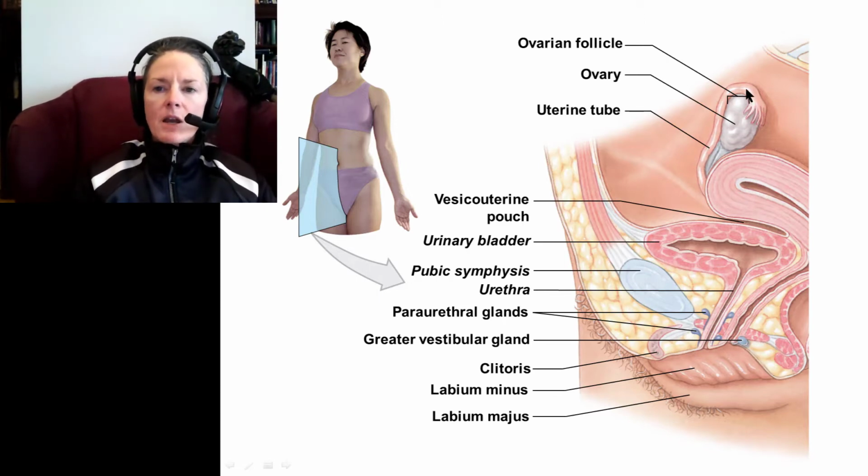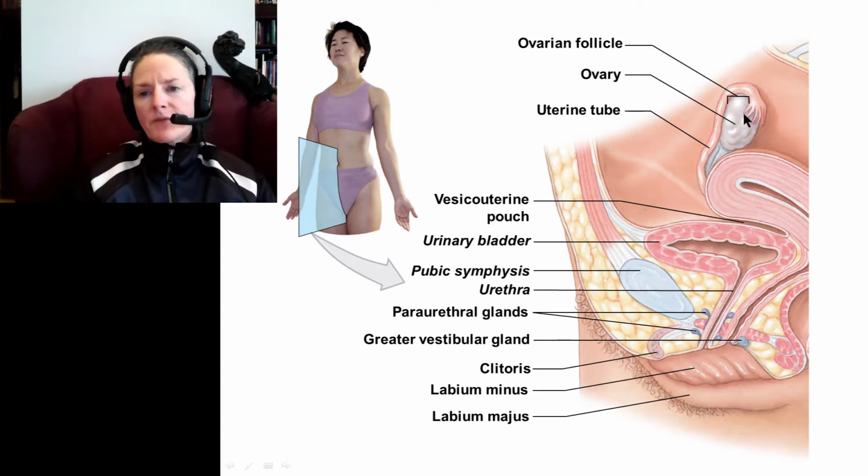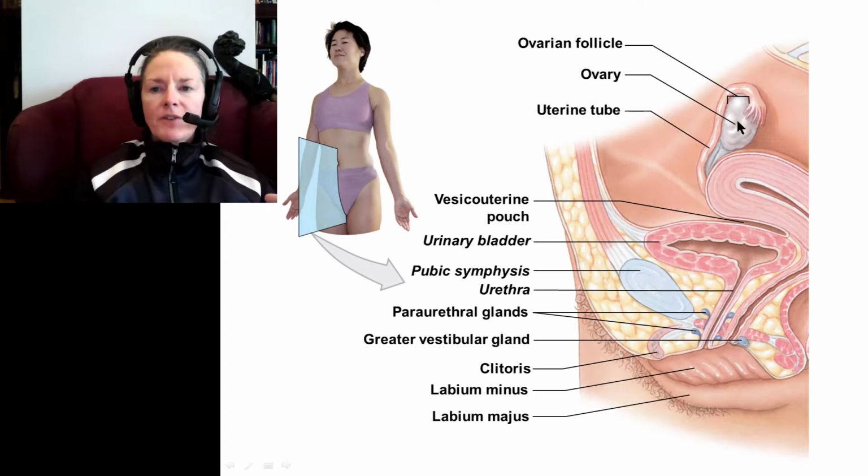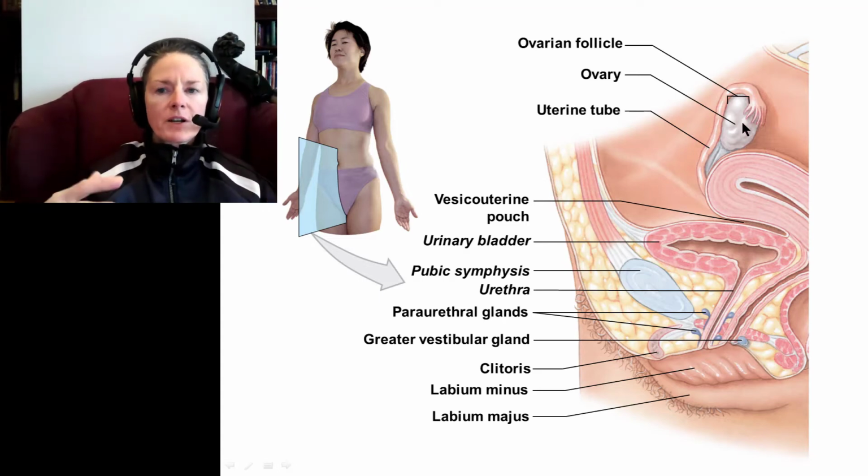Now we will see that the oviduct here has these little finger-like projections called fimbriae, which means fingers. And while these are not physically attached to the ovary, they're very close. And they will kind of wave the oocyte towards the oviduct. And then there will be cilia inside the oviduct that will sweep the egg towards the uterus.